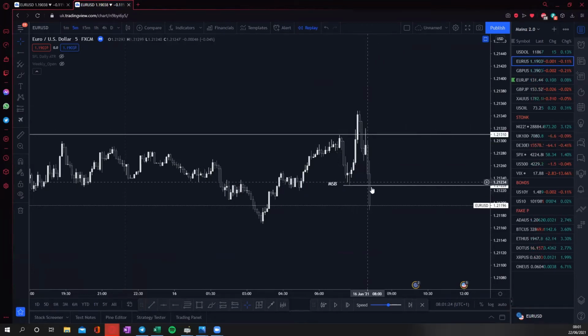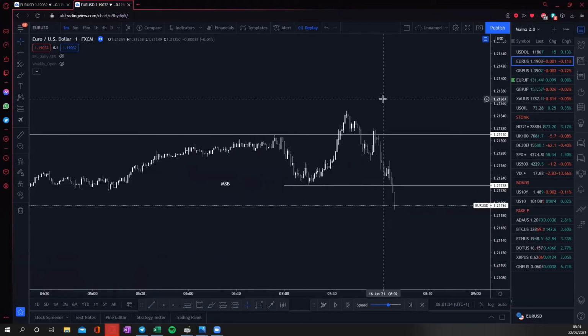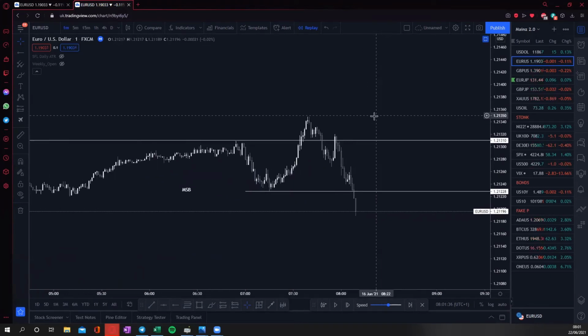So as we've seen this break of market structure here, that's where I'm going to narrow in on the 1 minute and look for those entries. So go on the 1 minute. When I look at this, an area where I'm very interested in is this area here.